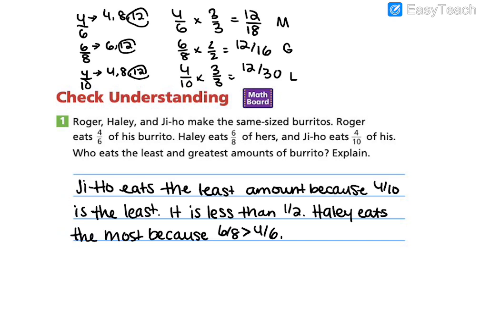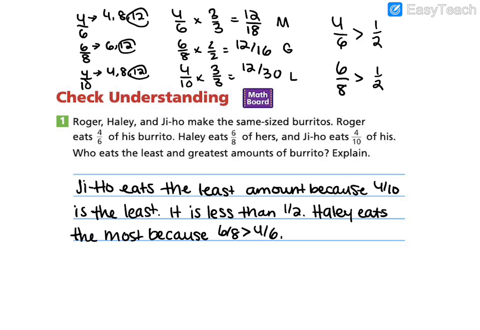Okay, so for my explanation, I know that Jai-Ho ate the least amount. And my justification here is that 4/10 is the least. This is because it's less than half. 4/6 and 6/8 are both greater than 1/2. So then I could just compare these two fractions.